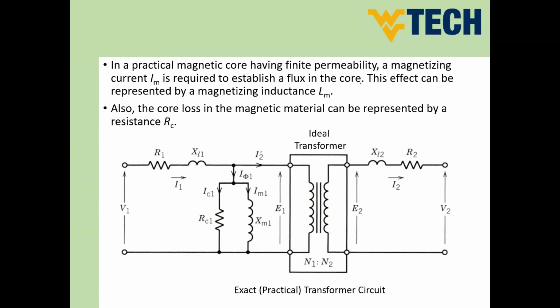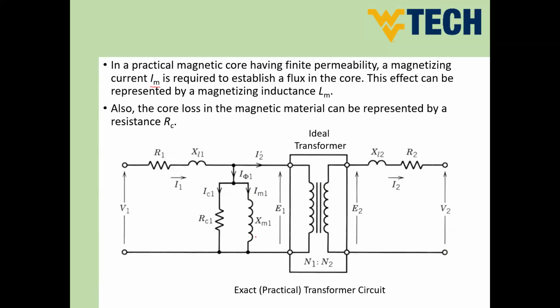In order to establish this core flux, you will need some current. This current is called the magnetization current and referred to as IM. This effect can be represented by a magnetizing inductance Lm. So we represent the magnetization, in order to establish the flux in our transformer, by this branch here.